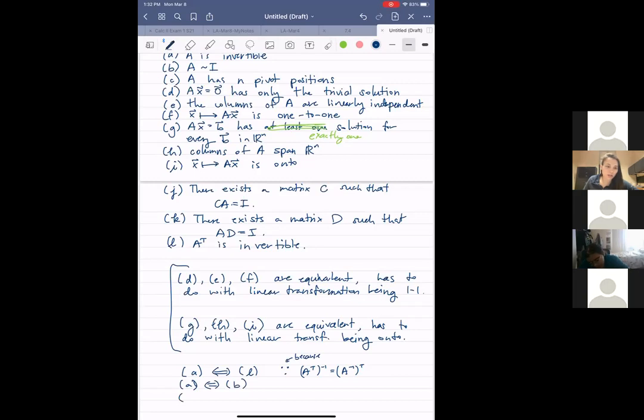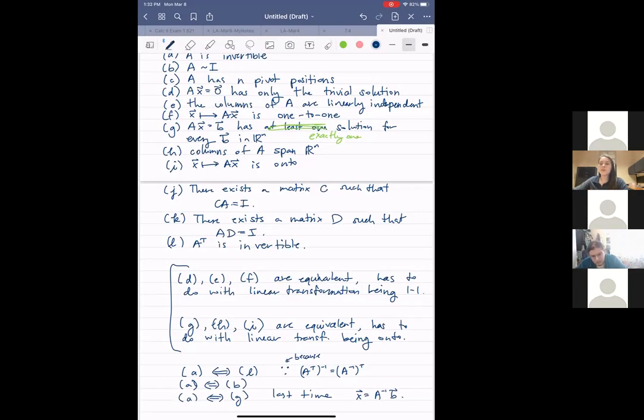And we also showed that A was equivalent to G last time, right? That was having to do with writing down the unique solution by using the inverse of A, that X equals A inverse times B. Okay, so there's probably more that we've already shown.